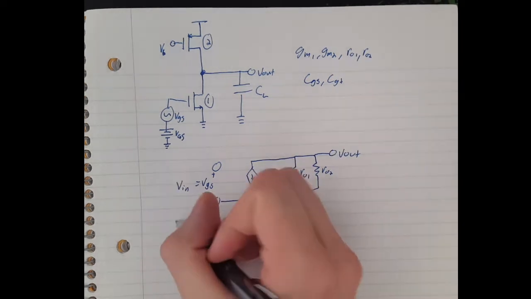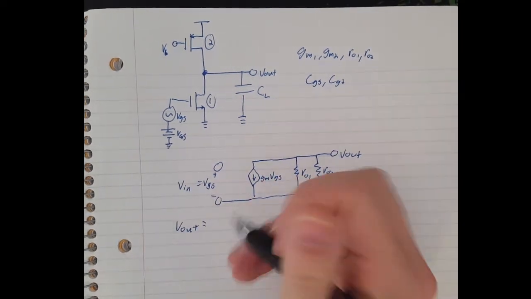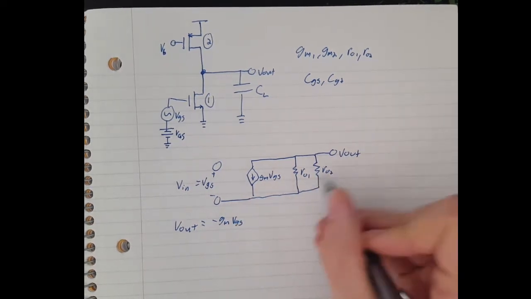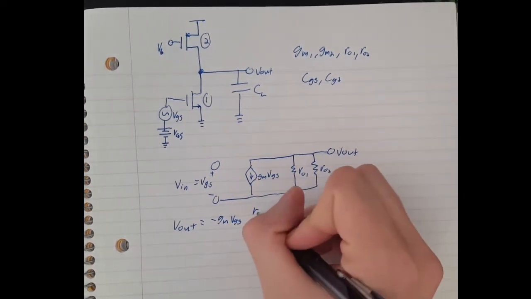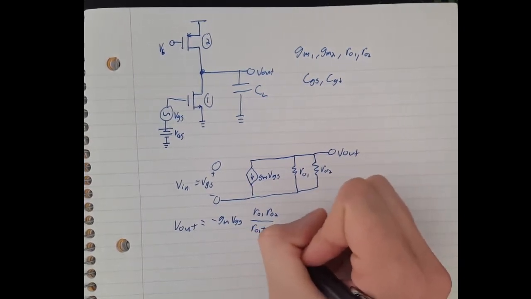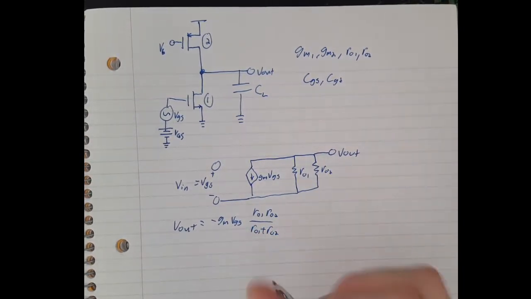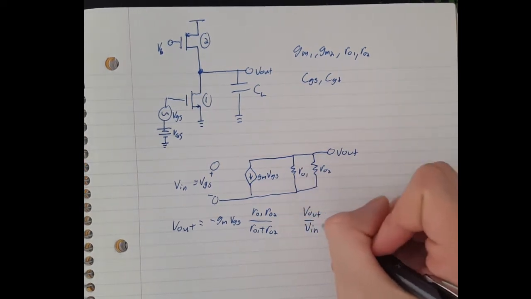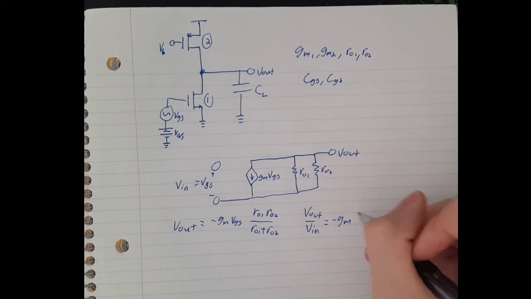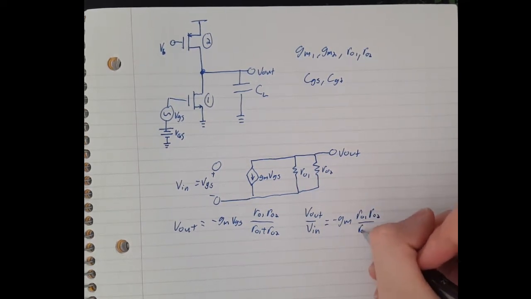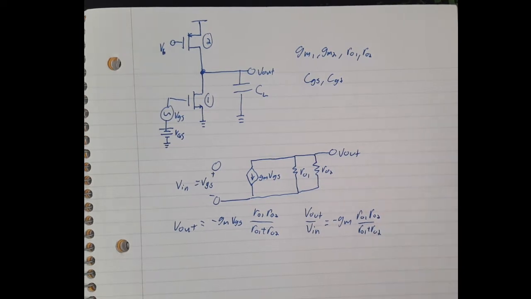So V out here is equal to negative GM VGS times the resistors in parallel, which is R01 R02 over R01 plus R02. So V out over Vin equals negative GM times R01 R02 over R01 plus R02.